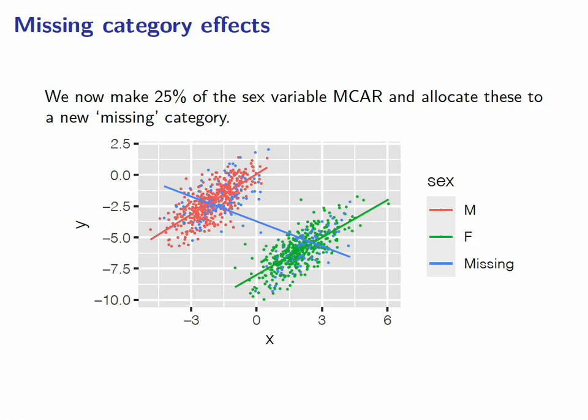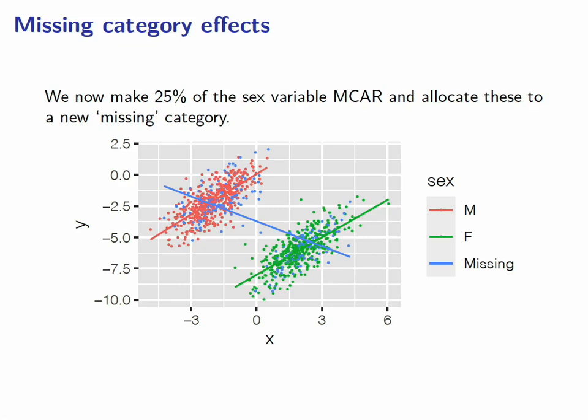So what we can now see is that among those with sex missing, we've got some who are men and some who are women, and so the missing category now consists of a mixture of men and women. And this blue line, which is the linear regression fitted just to those with missing sex, so the missing category, we can see that we've actually got a negative slope for the relationship between y and x in the missing category, and that's because of this strong confounding effect of sex.